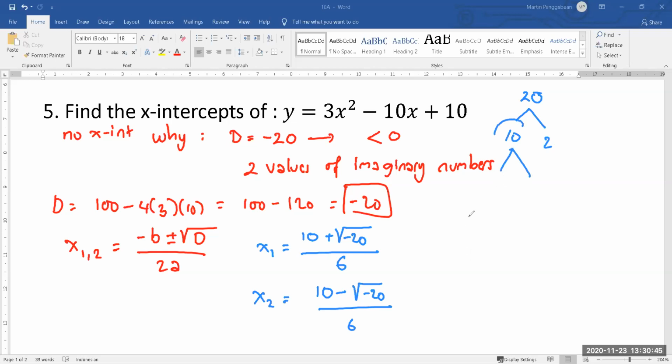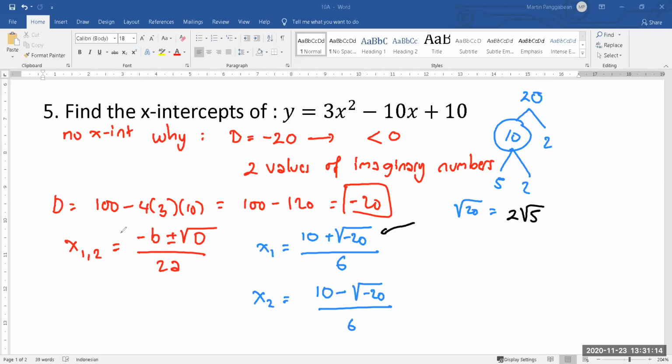Okay, so now if I have square root of 20, can you simplify square root of 20? It's 2 square root of 5, right? Yeah, good. Square root of 20 equals 2 square root of 5.